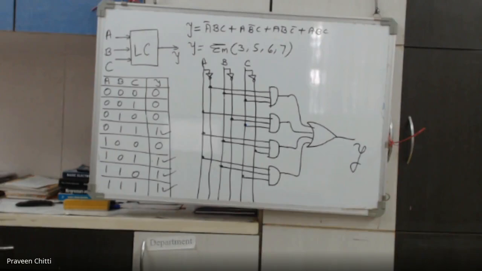Whatever knowledge you have gained in your previous courses, how can you simplify a given Boolean equation? You have not studied any simplification technique?